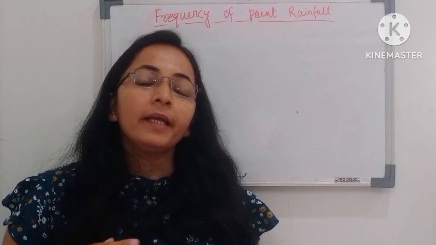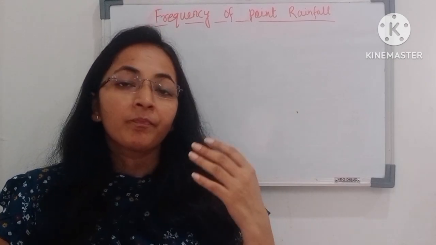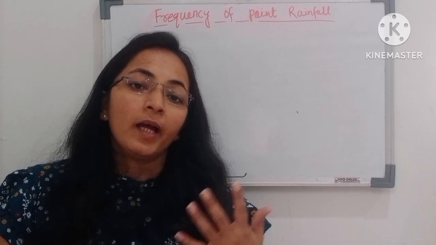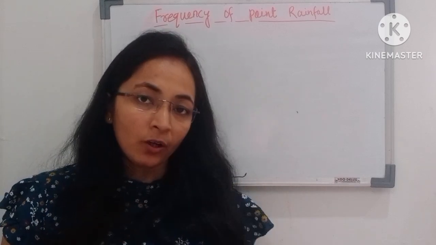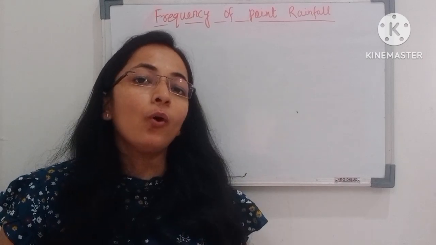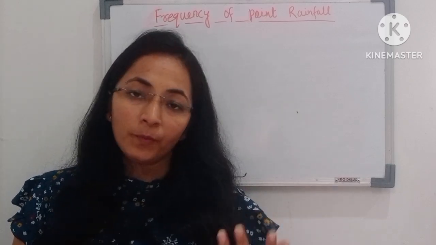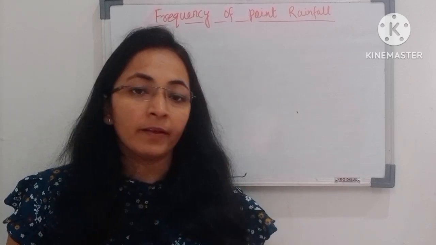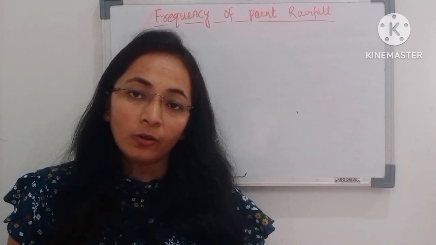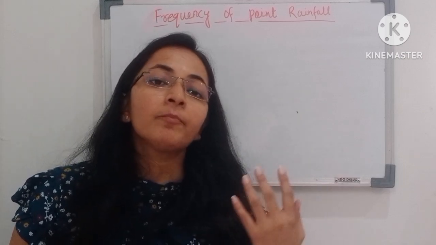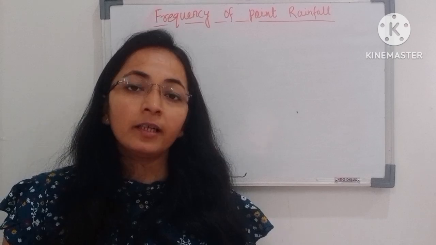So the main aim of the frequency analysis of annual rainfall, or annual time series, is to obtain the relationship between the magnitude and probability of exceedance or equality. The probability can also be estimated by using empirical formulas or analytical methods.